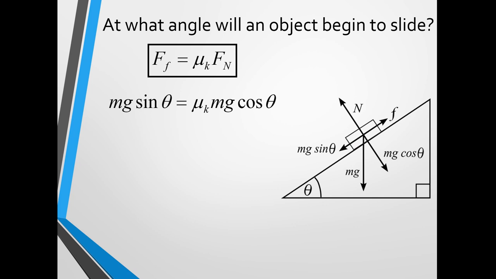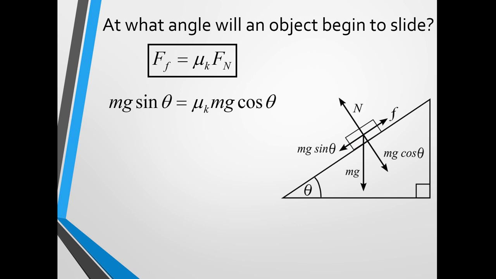Now, we know that the force of friction, or any force, is mass times acceleration, and we know that acceleration can be replaced with g sine theta. So therefore, we can replace the force of friction with mass times g sine theta, just standing in for acceleration.